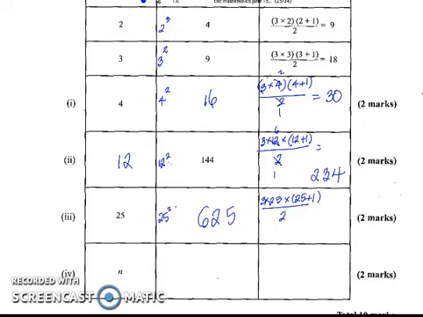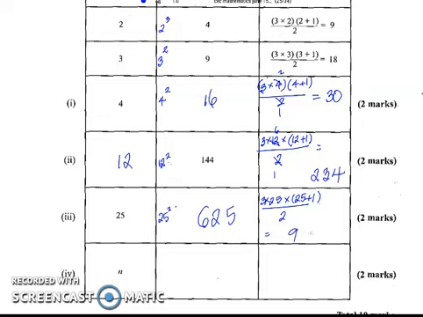A half of 26 is 13. So that is going to be 3 times 25 times 13. And the answer there is 975.